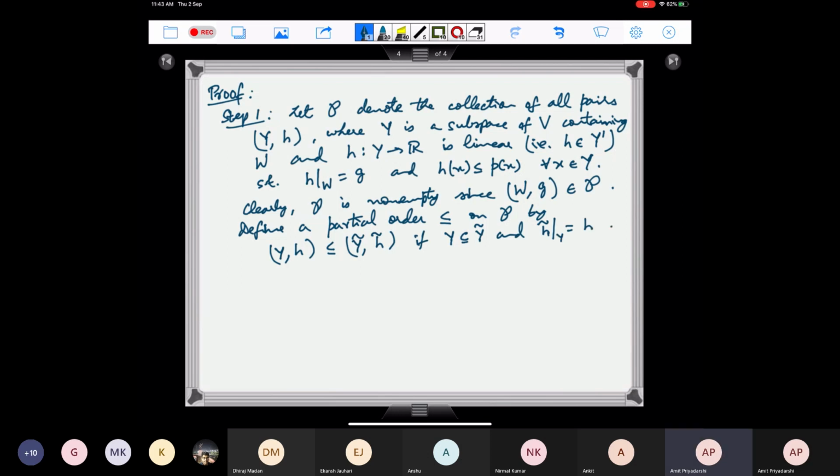So the partial order is that Y should be a subset of Y tilde, and H tilde should be a linear extension of H. Then we say that this element is less than or equal to this. So you can easily check that this is a partial order. I'll just write that it is easy to verify.